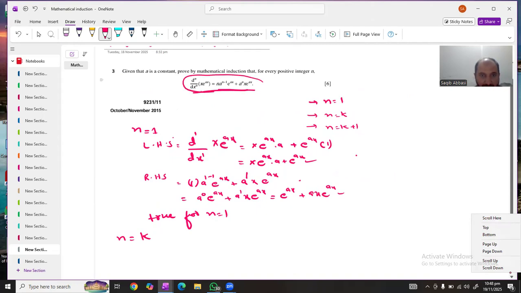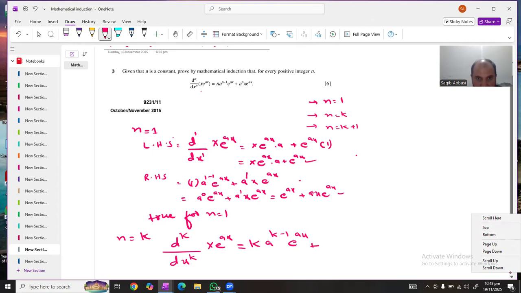In this condition we replace n with k. So d^k over dx^k of x e power ax equals k a power k minus 1 e power ax plus a power k x e power ax.